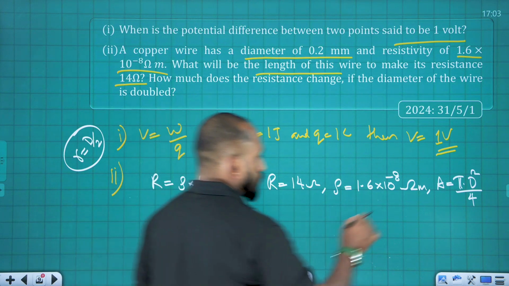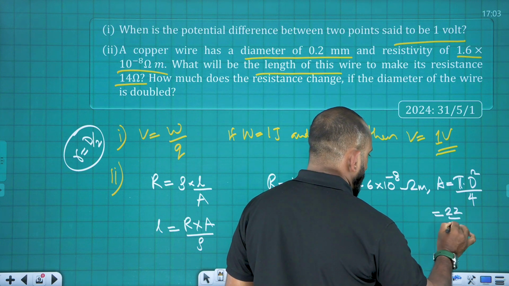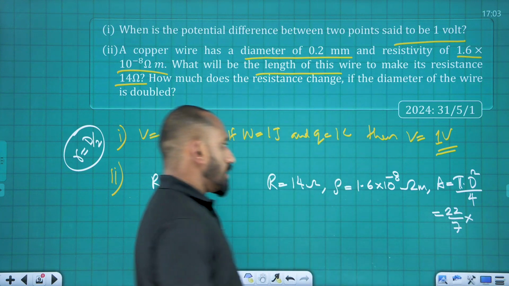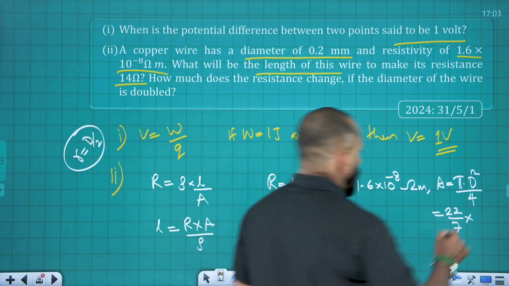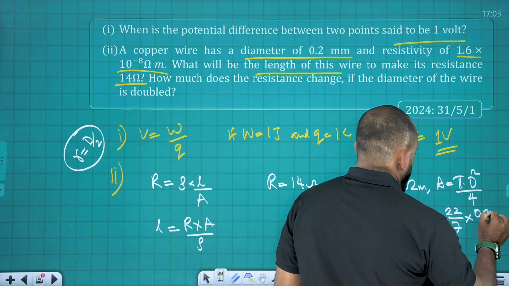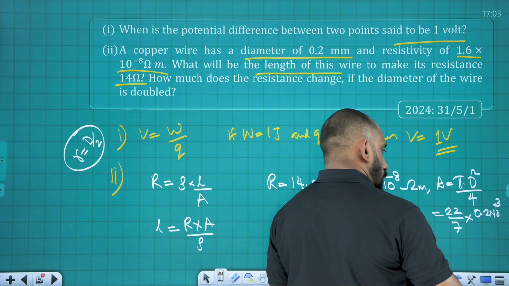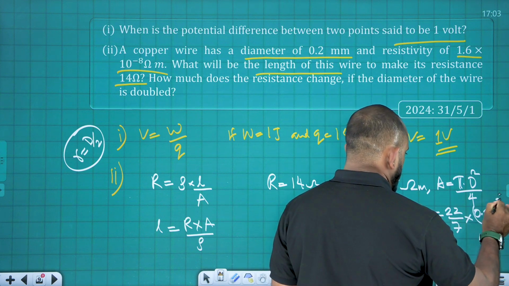So here pi is 22 by 7 we can keep, into D square. D is 0.2 millimeter, so it is 0.2 into 10 to the minus 3, the square, divided by 4.